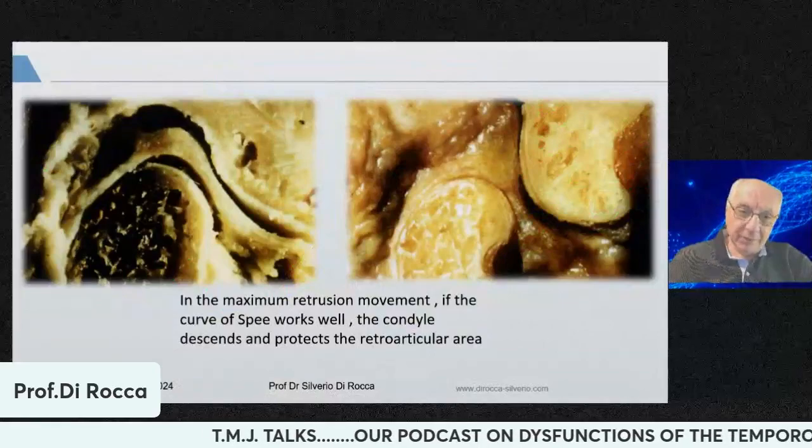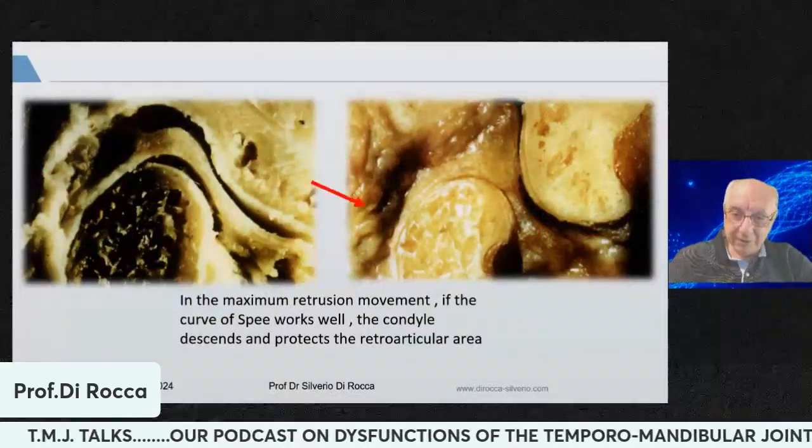Any situation that is putting the jaw back is affecting the vital area of the temporomandibular joint. Vital area. That is another topic for another webinar regarding bruxism. I don't want to talk about bruxism now. But in that particular area, we have the most important receptors of the temporomandibular joint.